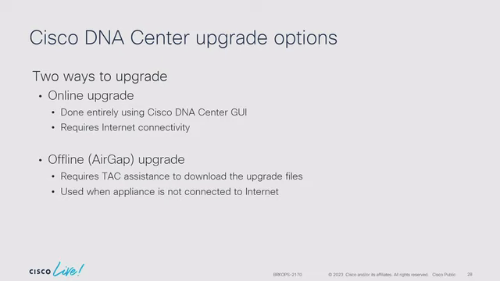Before going to it, what do you expect the difference will be? Anybody? What do you expect the difference between the online upgrade and the offline upgrade? What is the difference between the software image management when you have DNA center internet connectivity and when you don't have?